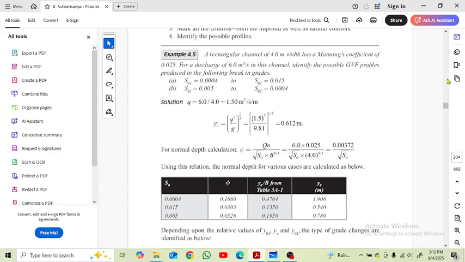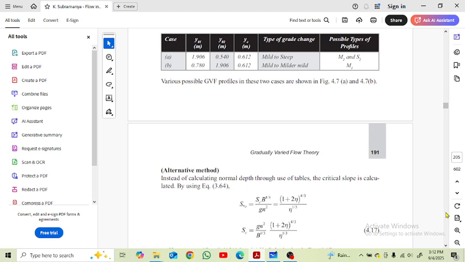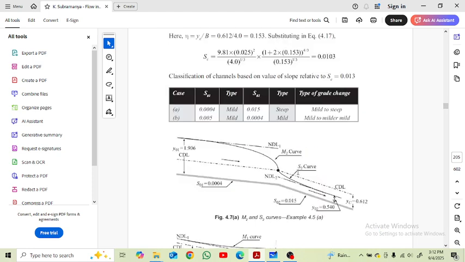This is also an important question which can be asked in the final examination, where the slope is different and the grade is changing. If the grade changes, you need to have the knowledge whether the curve occurs downstream or upstream, or on both sides of the control section. Here the curve is mild to steep, so an M2 and S2 curve has been drawn here.